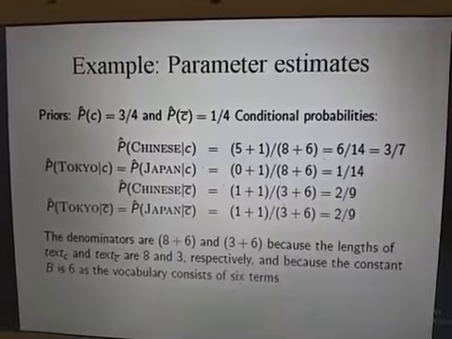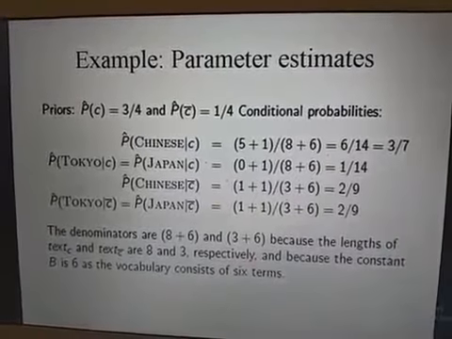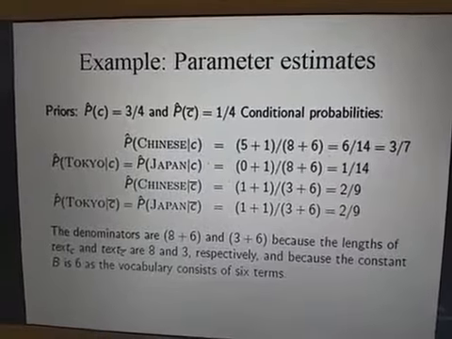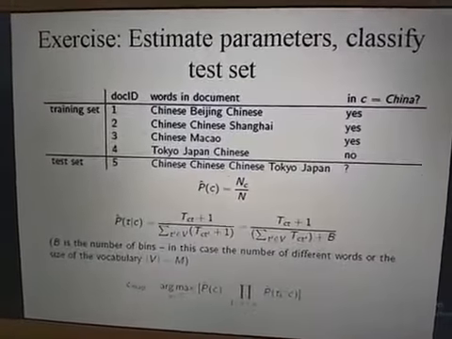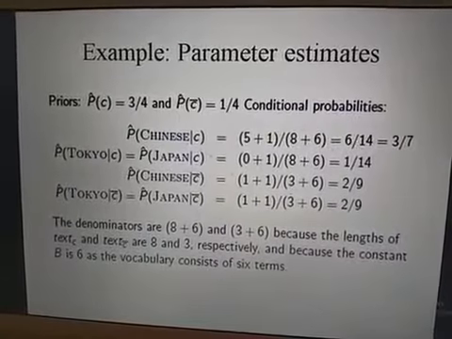5 plus 1 by 8 plus 6. As I told, P of T given C, where T is the term and C is the class.